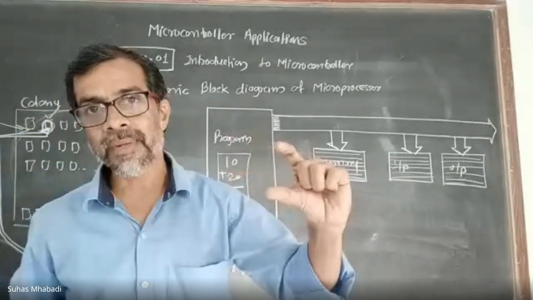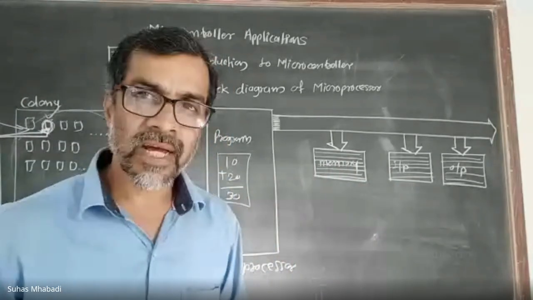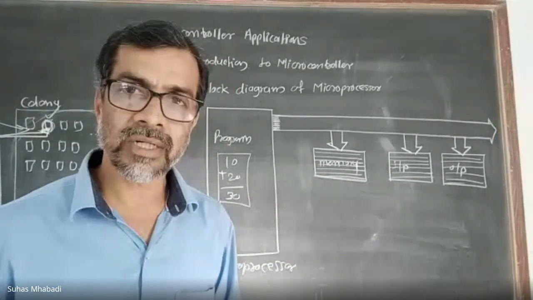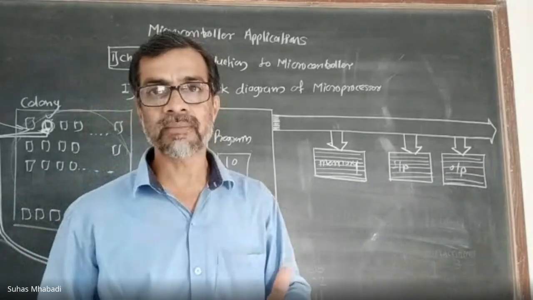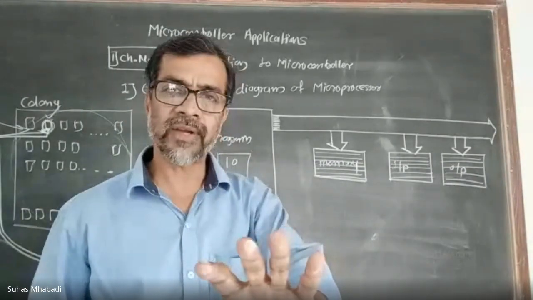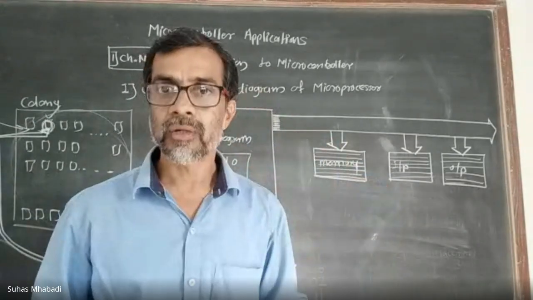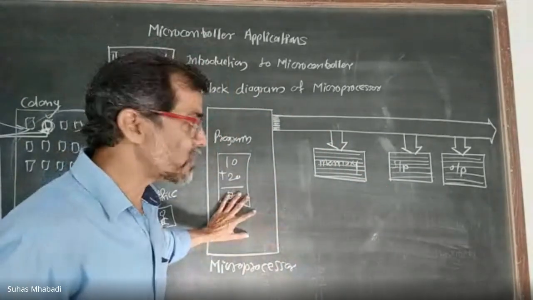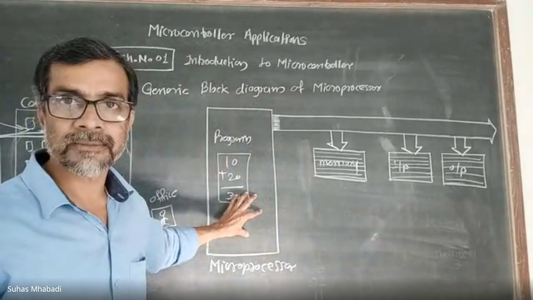I require a separate bunch of lines. Of course, saying separate is not entirely true because the same lines are multiplexed: at one time they carry the address and at another time they carry data. But right now we can say we require a bunch of lines called a bus to carry data from the processor to the peripheral device and back.